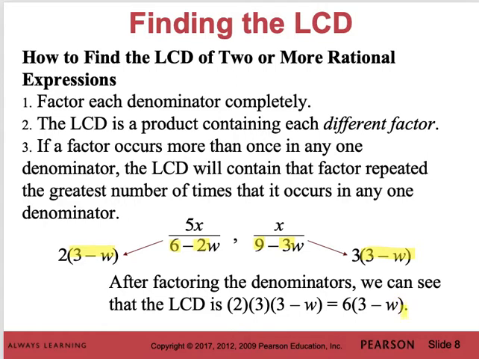It's repeated. It only needs to occur in one denominator. 2 times 3 can be multiplied, and that equals 6. So my least common denominator is 6 times 3 minus w. I was able to multiply these numbers on the outside because they were both on the outside of our parentheses, and they were both being multiplied by 3 minus w.